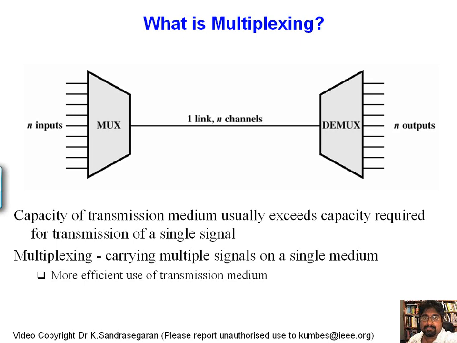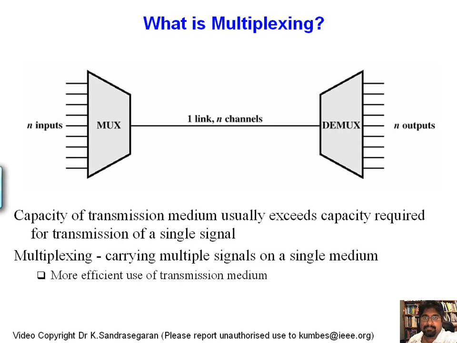Essentially, between a transmitter and a receiver, which could be many kilometers apart, you have one transmission link, and this link could have a very large capacity. So we take n channels at the transmitter, multiplex them together, and transmit them through the transmission medium.